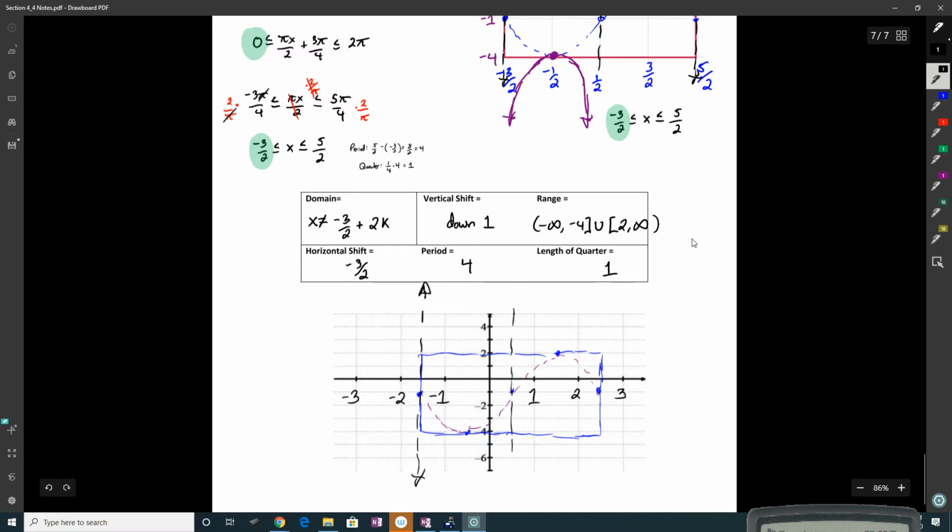Asymptote, right down the middle at 1/2. Asymptote. There would be another one over here. And I create my graph. So here what I have in red is the actual graph. All the other stuff was just tools to aid me in creating this graph.